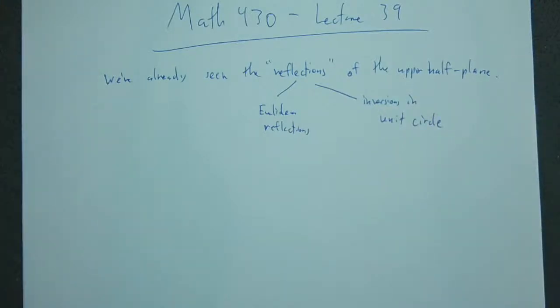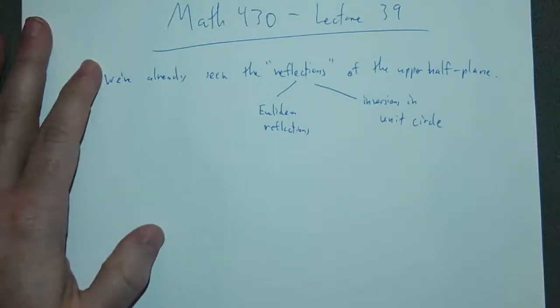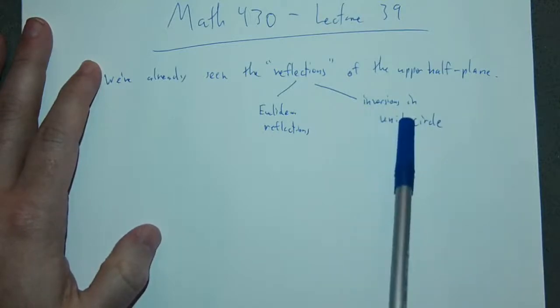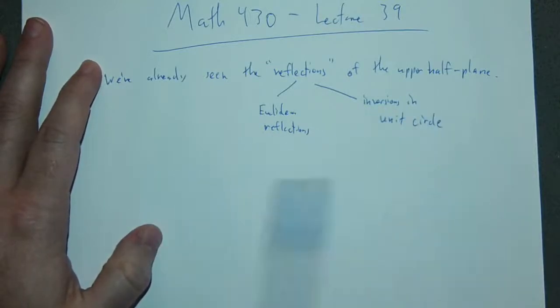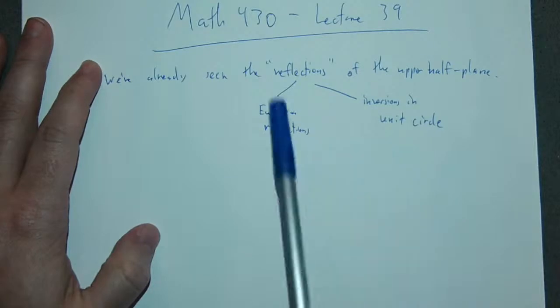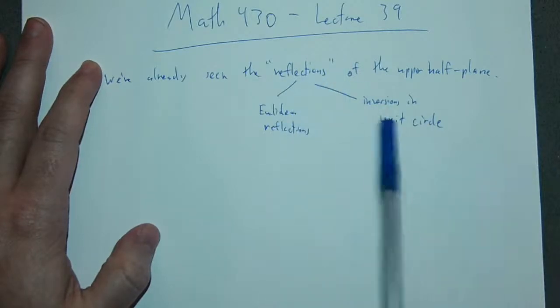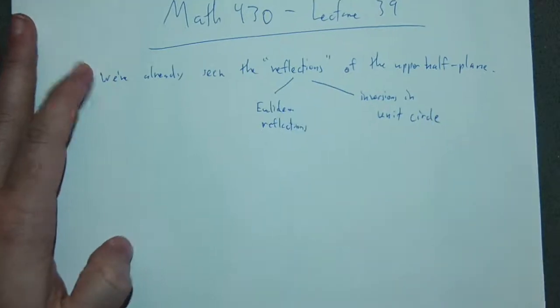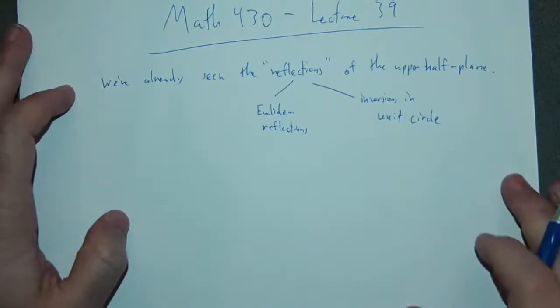Right? Okay. And so if we knew how to invert in the unit circle and we were able to horizontally translate, then we could actually reflect across a circle of any size, because we could also dilate, right?